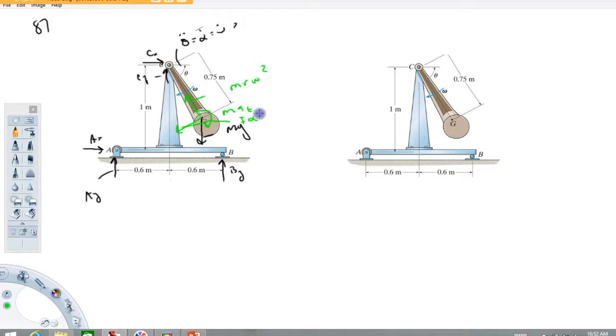If we write a moment equation about point C, the net moment is going to be mg times 0.75 cosine theta. I imagine theta is given in the problem. Then we're going to have kinetic moments, m a tangential times 0.75 and an I alpha term, and actually that's going to be in this direction.